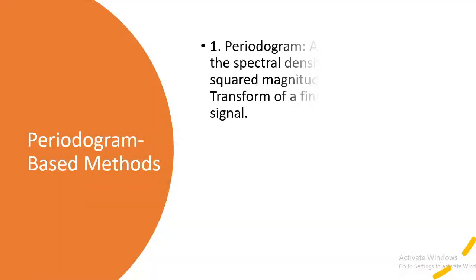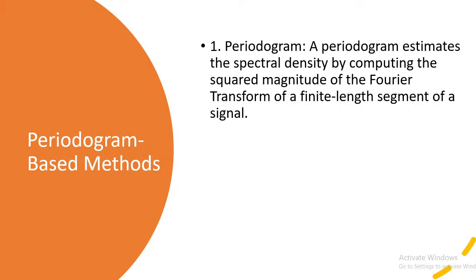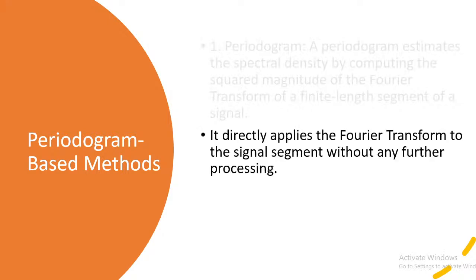Then we use periodogram based methods. What is the periodogram method? The periodogram estimates the spectral density by computing the squared magnitude of the Fourier transform of a finite length segment of a signal. So you take a signal, consider a finite length segment, take its Fourier transform and square it.